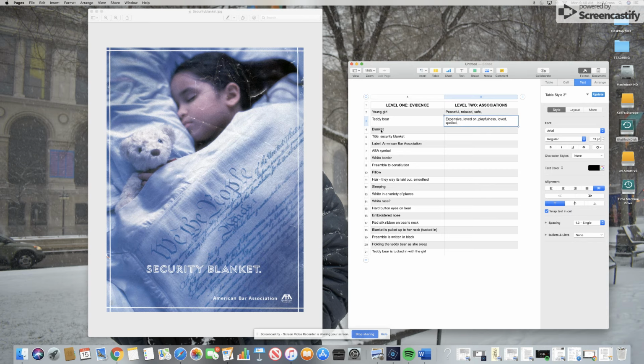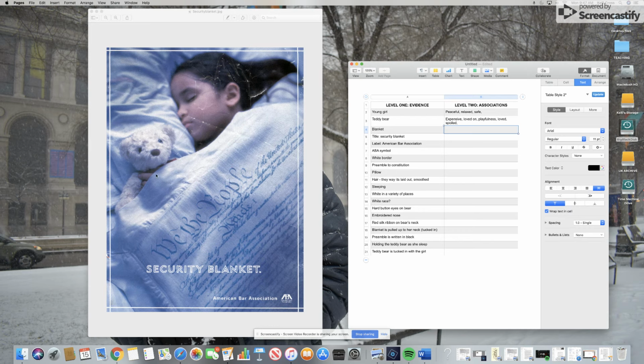Maybe now I'm going to look at the blanket. So I'm going to look at the blanket in itself, and I put other things in the blanket. Like I noticed that she's tucked in, blanket pulled up to her neck, tucked in. And so I'm going to notice all those.